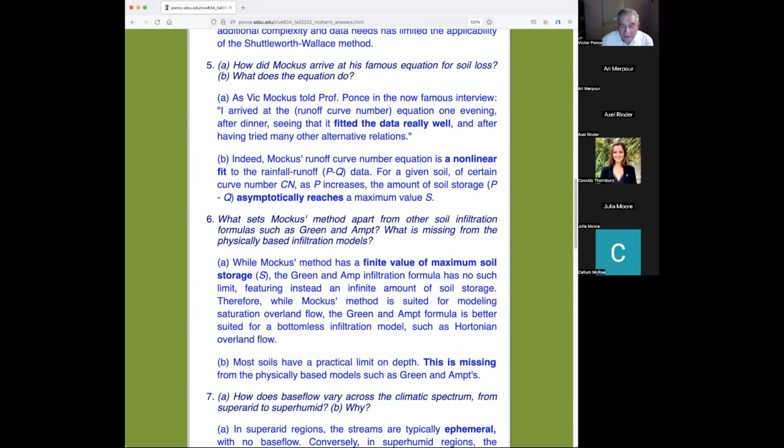Answer to A is, while Marcus's method has a finite value of maximum soil storage, the Green-Ampt infiltration formula has no such limit, featuring instead an infinite amount of soil storage. Therefore, while Marcus's method is suited for modeling saturation overland flow, the Green-Ampt formula is better suited for a bottomless infiltration model such as Hortonian overland flow.